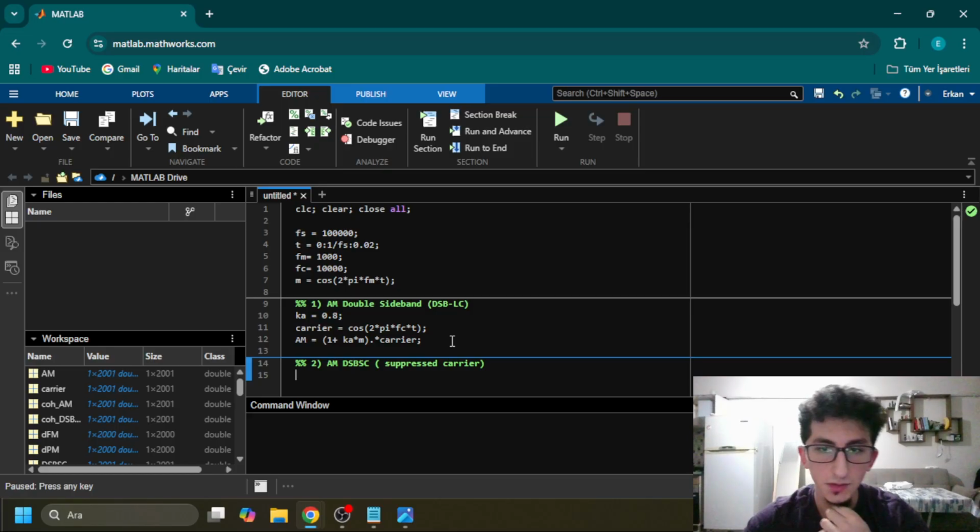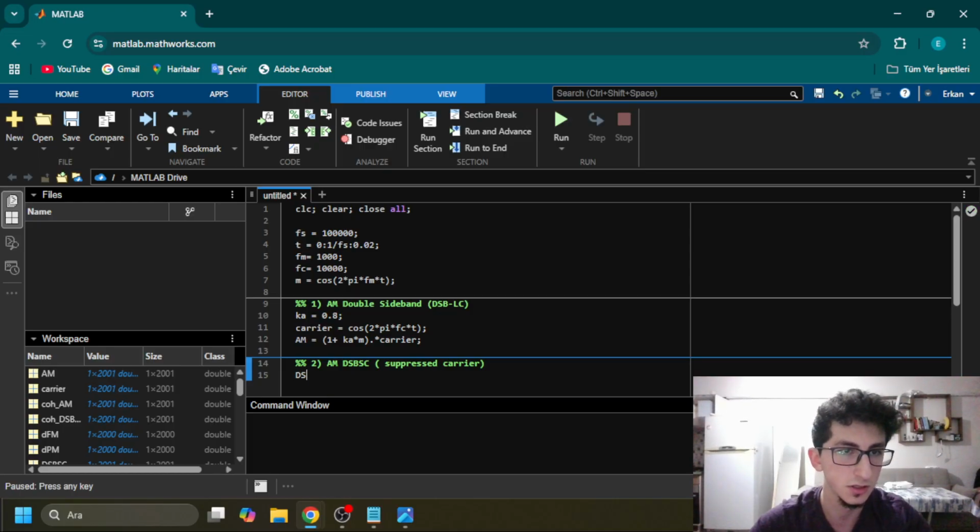So in this case, the carrier is completely suppressed. The AM signal is obtained by simply multiplying the message signal with the carrier. We can call it s(t) equals to m(t) times cosinus 2 pi f carrier t. So we are gonna write this code.